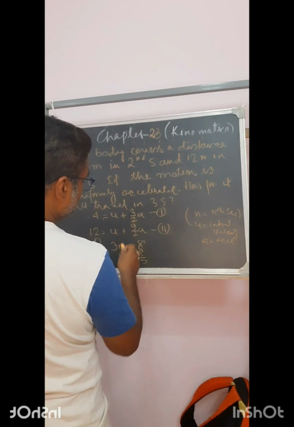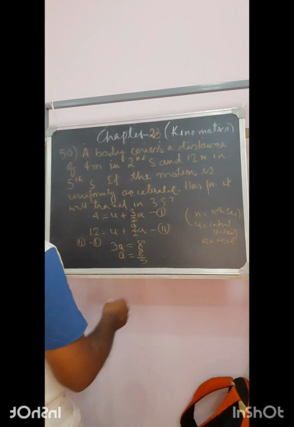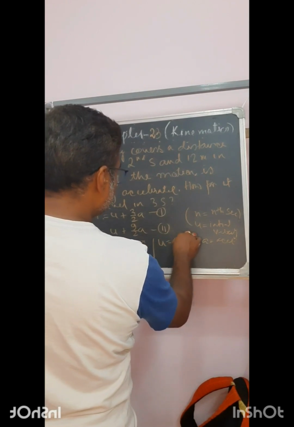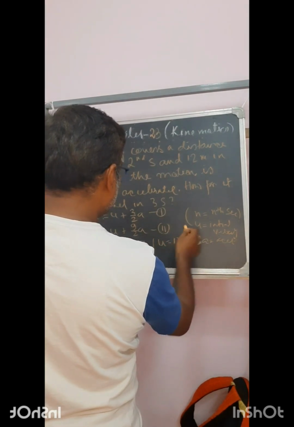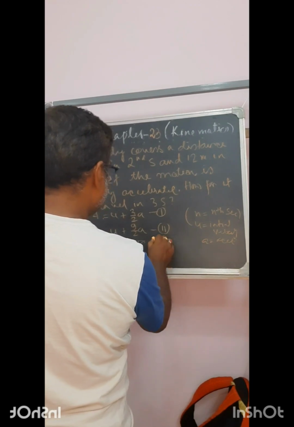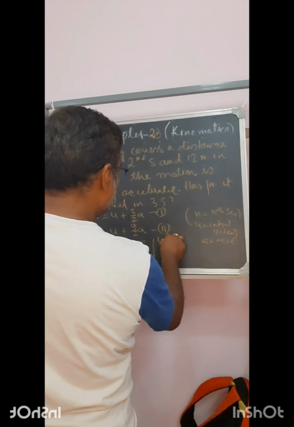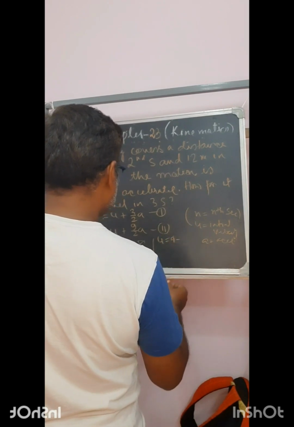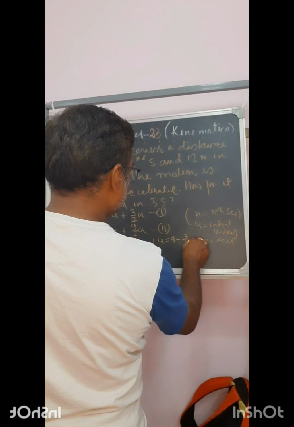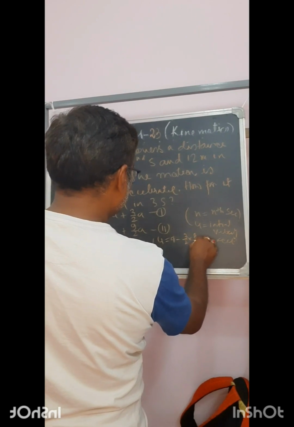And u: use the lesser equation. So u is equal to 4 minus 3 by 2 into 8 by 3. So that is equal to 3 by 2 into 8 by 3.